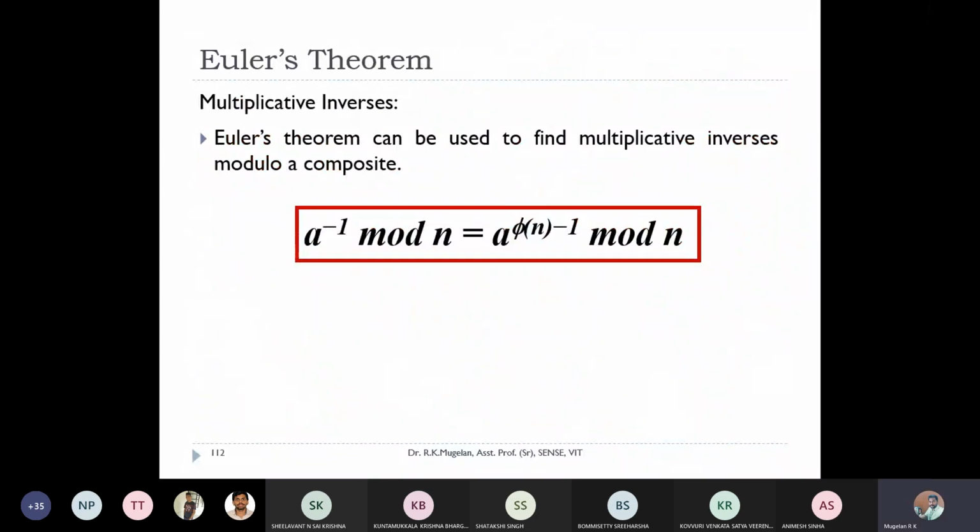You can also make use of Euler's theorem to find the multiplicative inverse. With Fermat's theorem, you can find the multiplicative inverse if and only if your modulo operator is prime. If it is a non-prime number, you can go with Euler's theorem. This is the method: A inverse modulo n equals A power phi of n minus 1 modulo n.